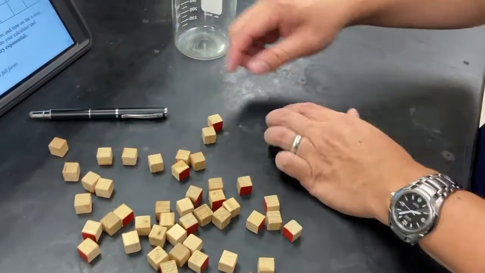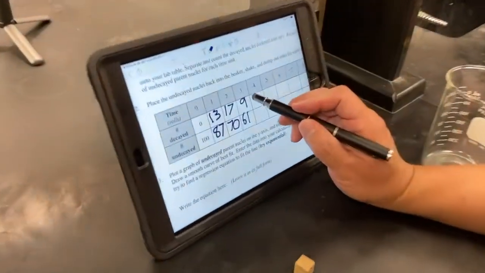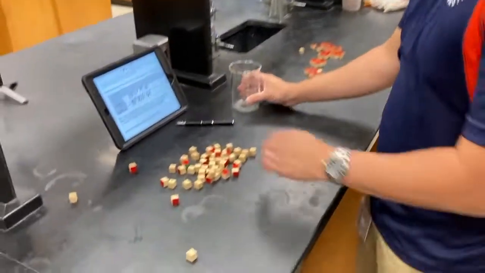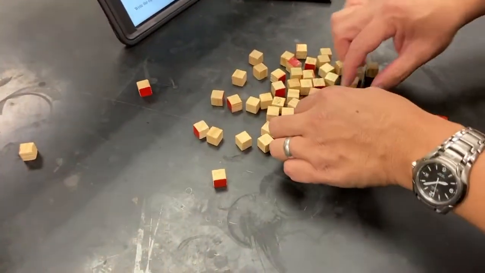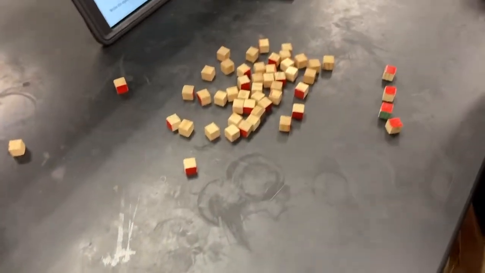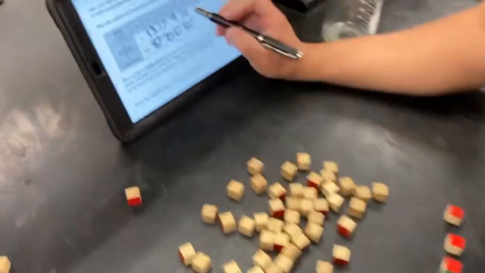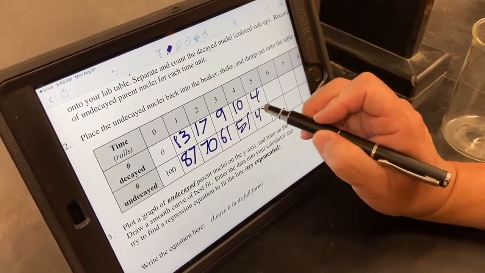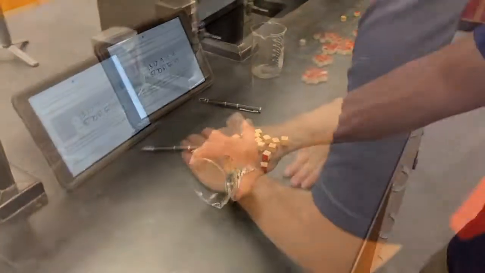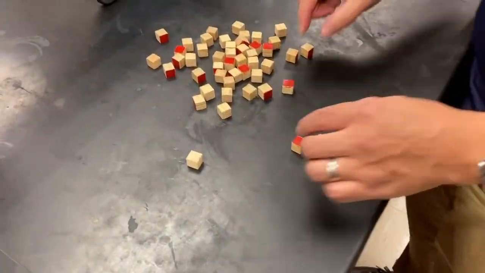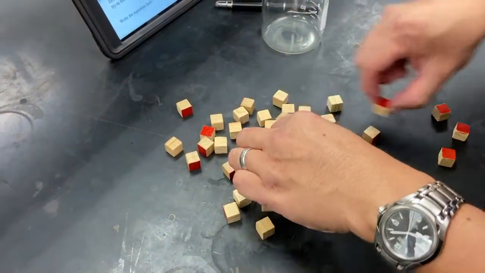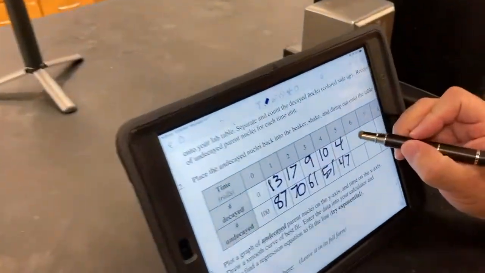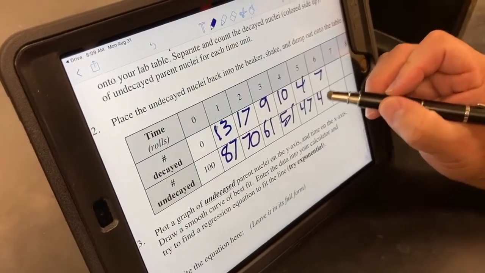This was 10. 51 cubes. We hit the table. 4. All right, 47. Cubium! 7.